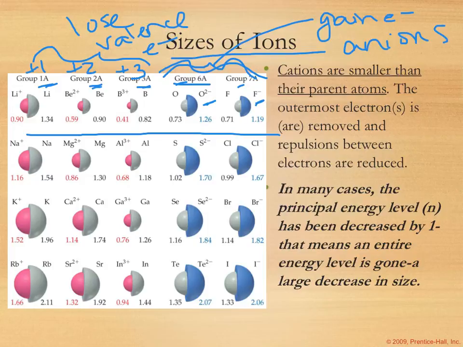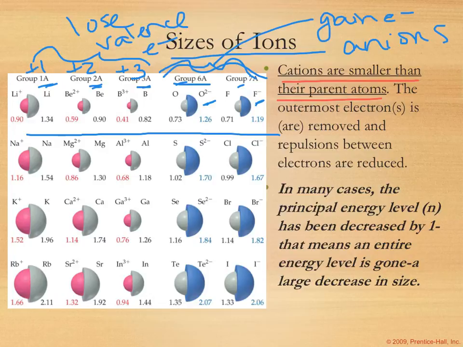All right, so the first thing I want you to understand about the size of ions is that cations are always smaller than the neutral atom they come from. Makes sense, right? You're removing an electron. It's a little bit more complicated than that, but that's certainly an easy way to remember it. So it's not simply that you're removing an electron, but when you're making a cation, you're typically removing all of the valence electrons.